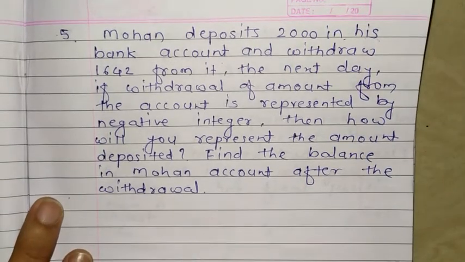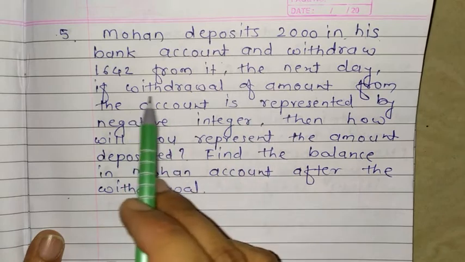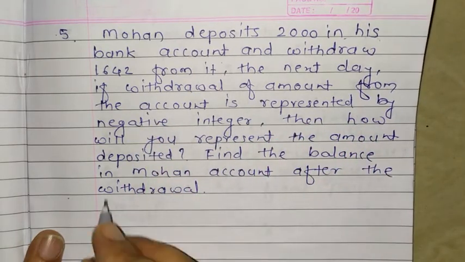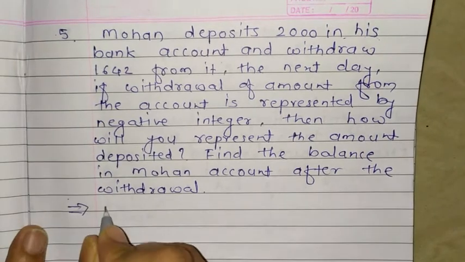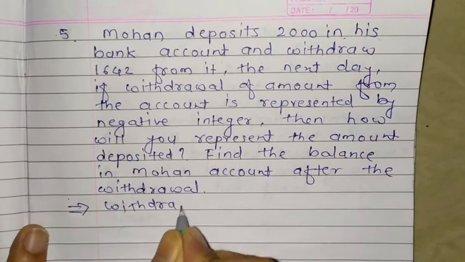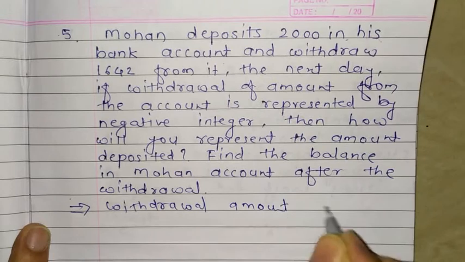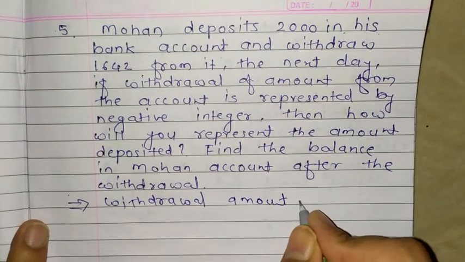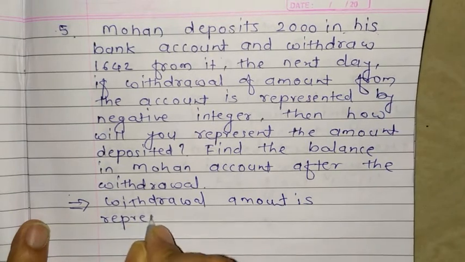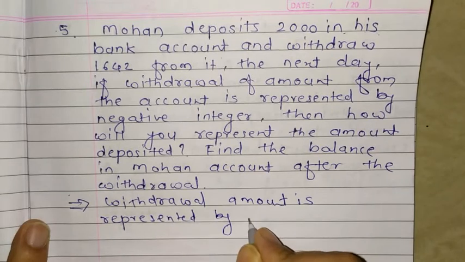So this question is quite simple. So here they have mentioned the withdrawal of amount from the account is represented by negative. So in answer you write withdrawal amount is represented by which sign?